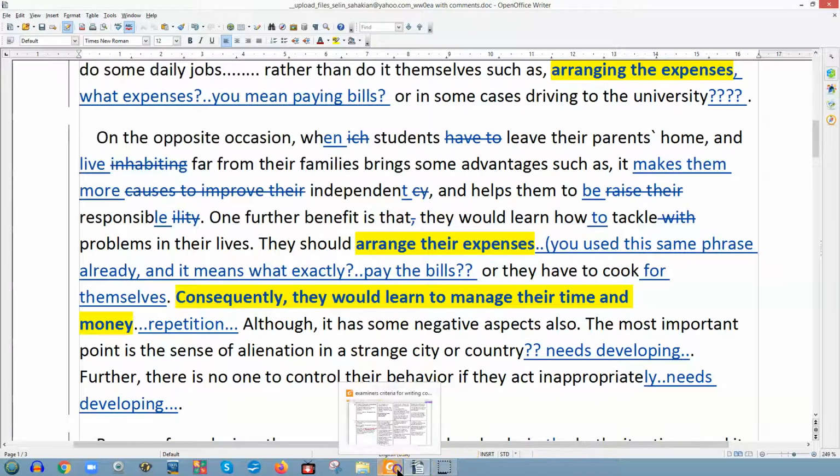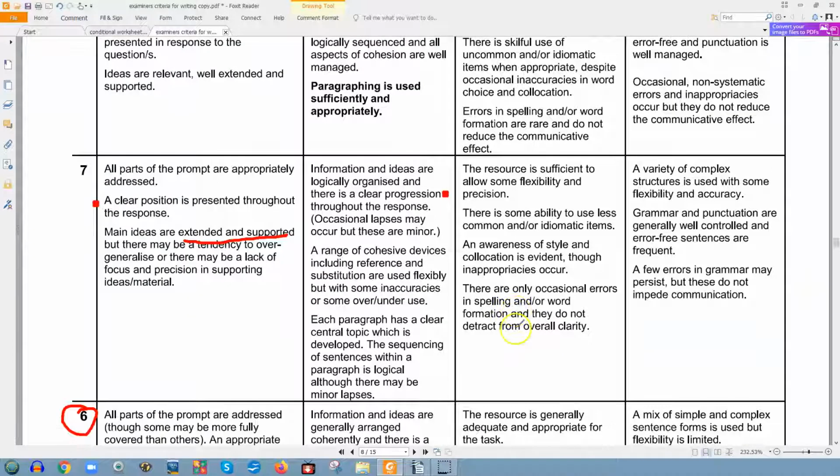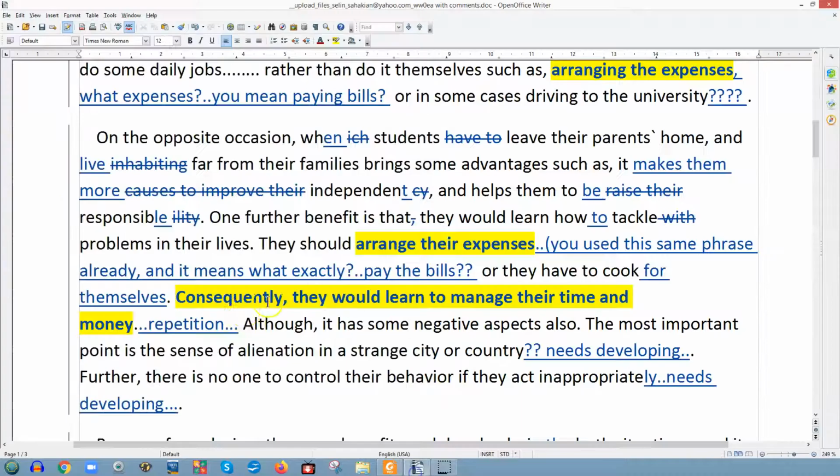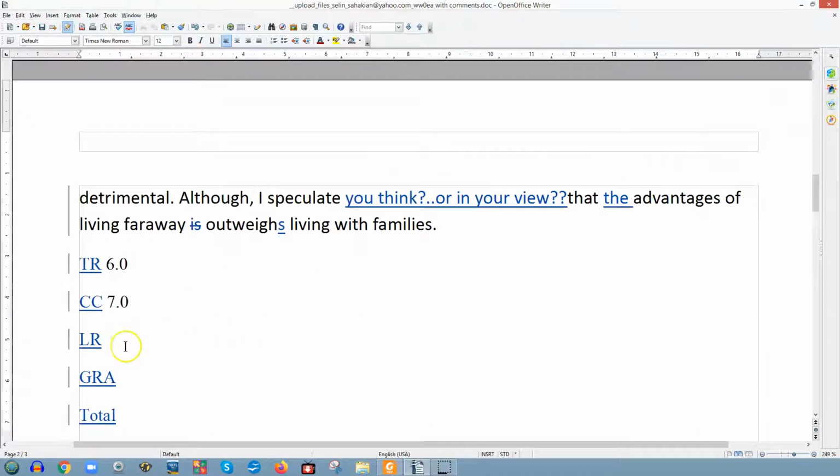Okay, so you could vary your vocab a little bit. Less common idiomatic items, rather restricted range: university students, students, students. You could have used pronouns to change it. It's generally appropriate, but I think the range would pull it down a little, so I'd give it 6 for that.